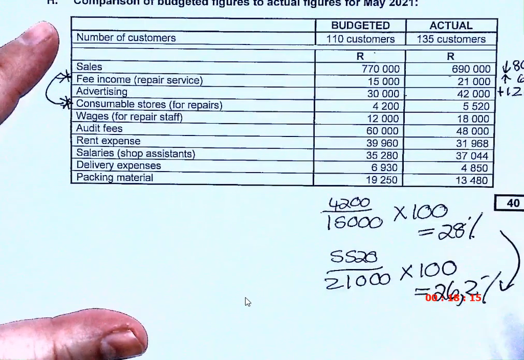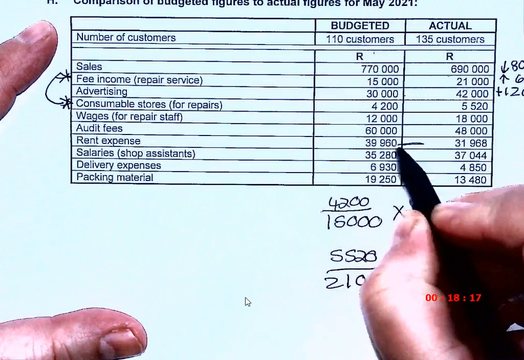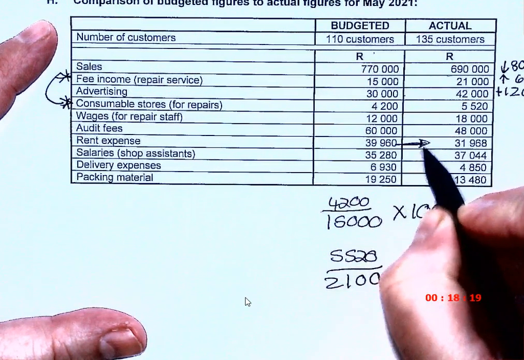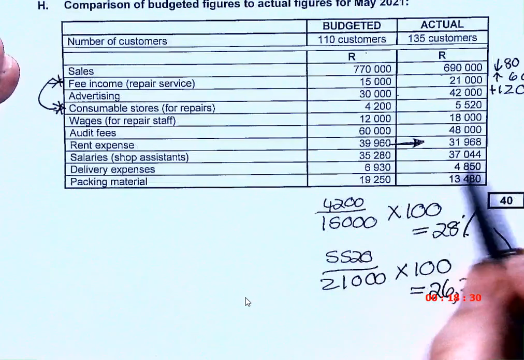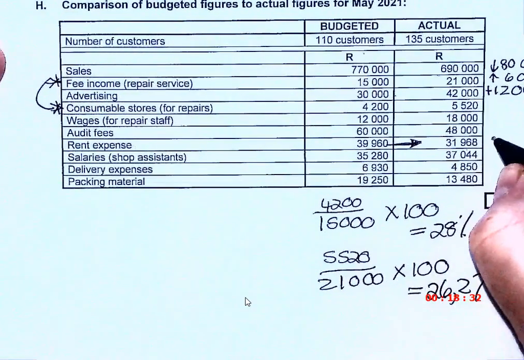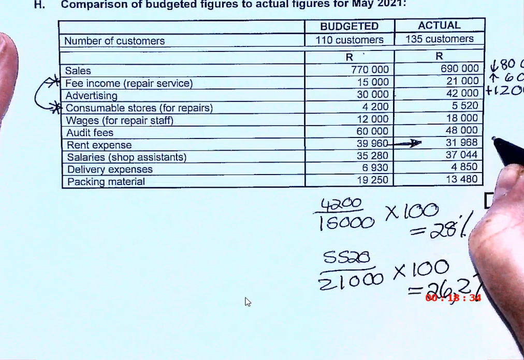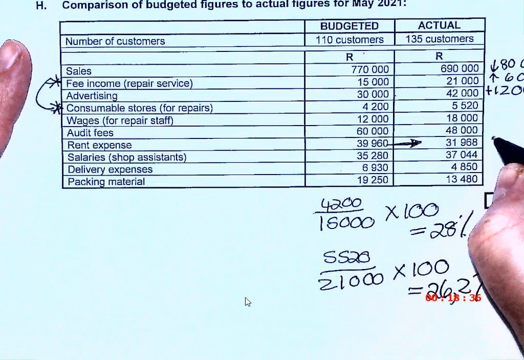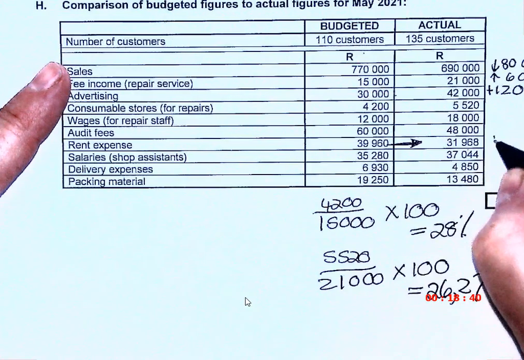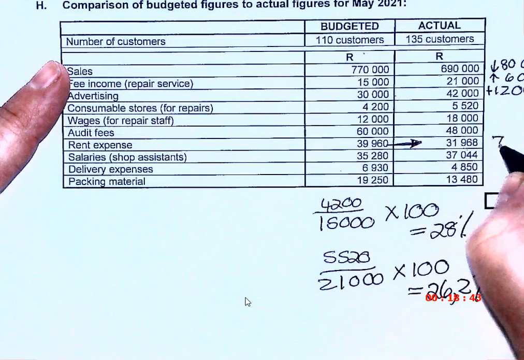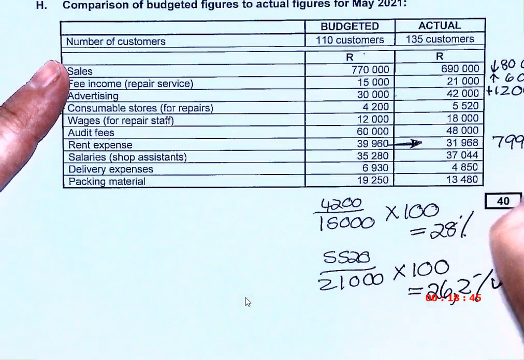They give me my rent expense decreased. It's less. Why is it less? Because we use fewer square meters. So what I'm thinking is, how much less is this? Seven? Okay, so for that I should get marks.